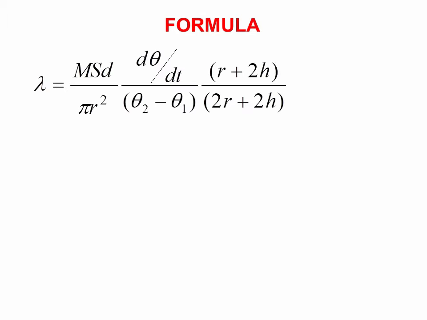That formula is lambda is equal to M S d by pi r squared, d theta by dt, by theta 2 minus theta 1, into r plus 2h divided by 2r plus 2h. The unit is W m inverse K inverse.